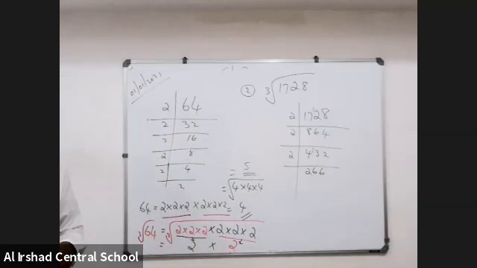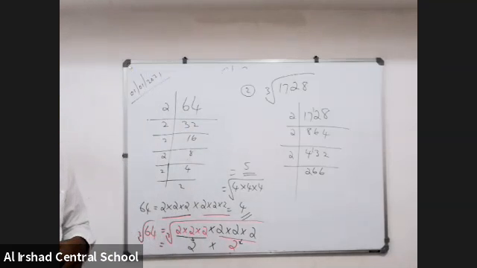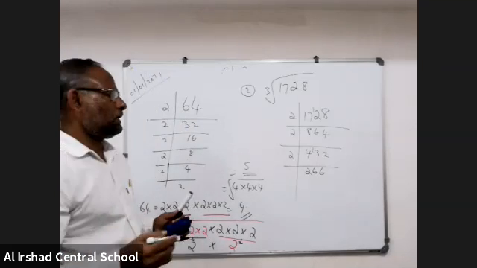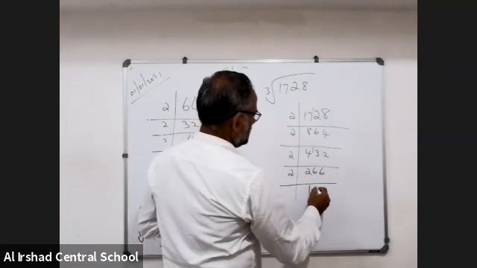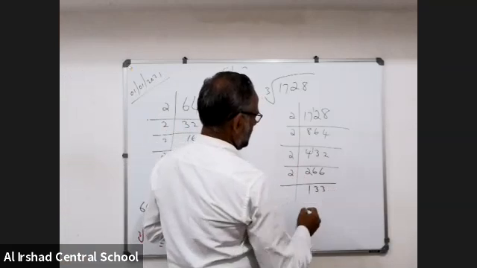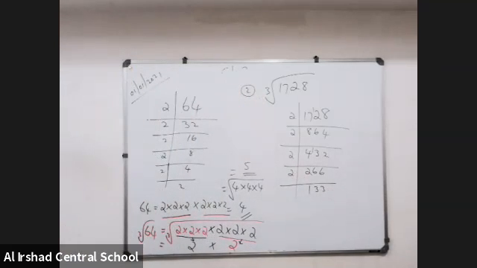The number may be wrong because of division like that. Okay. After that, divide by 2. 133. So we cannot divide by 2. What number can we divide by?